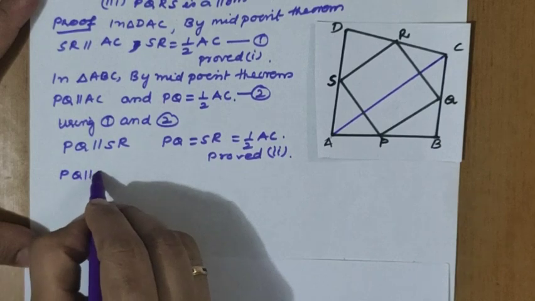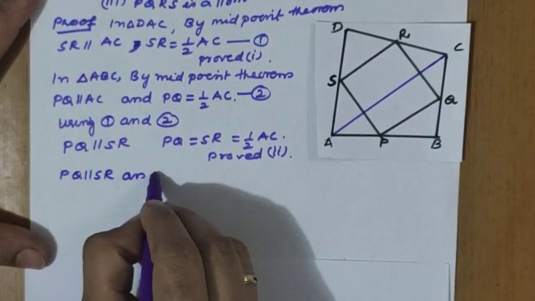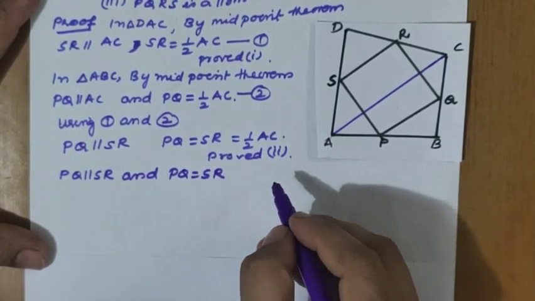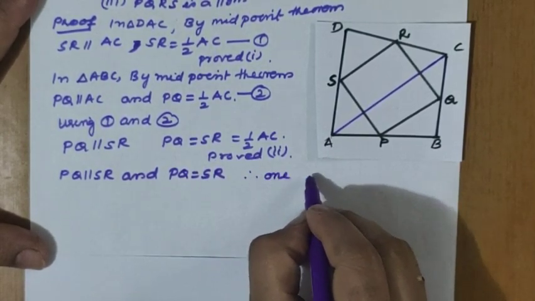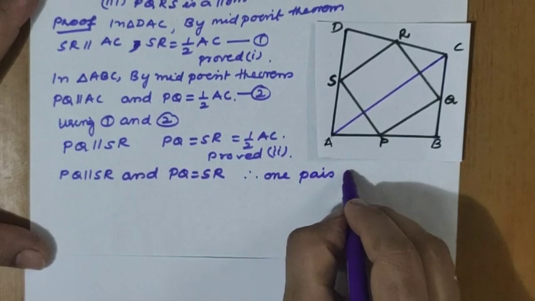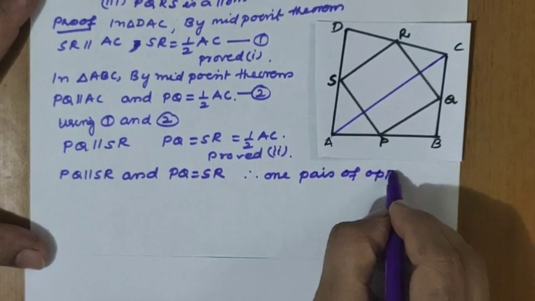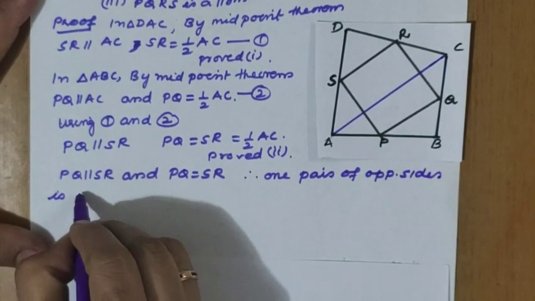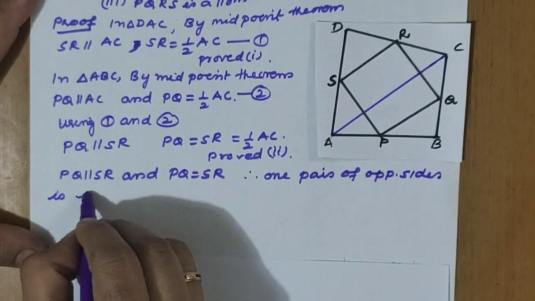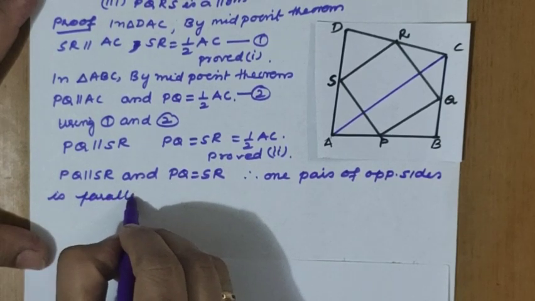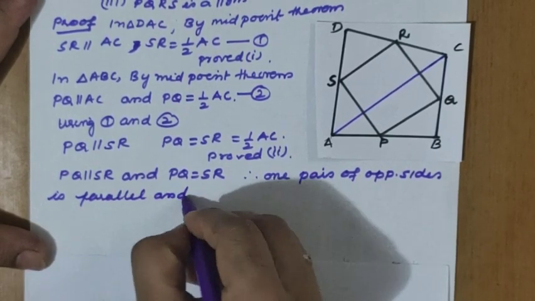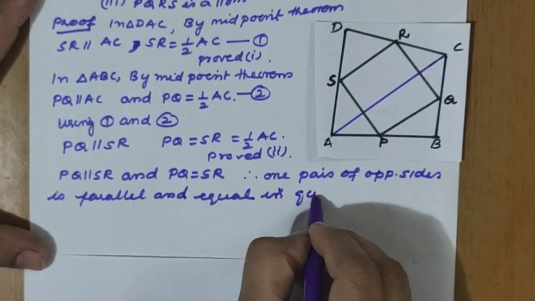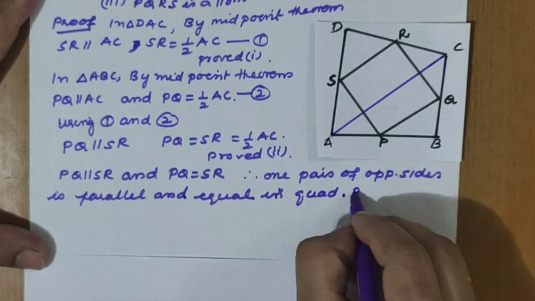One pair of opposite sides is equal and parallel in quadrilateral PQRS.